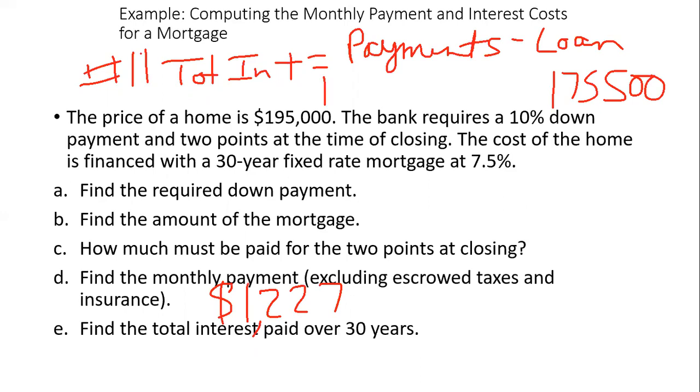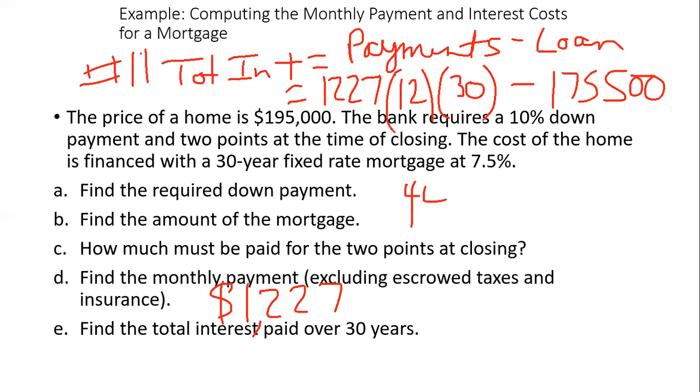Well, we're paying 1,227 every time. So we do that every month for 12 months, and that's 1 year. Then we do that for 30 years, so times 30. So that is the total of our payments, and that's going to subtract 175,500. We could plug all of that into our calculator, or we could do just the payments first. If we did that, the payments ends up being $441,720.